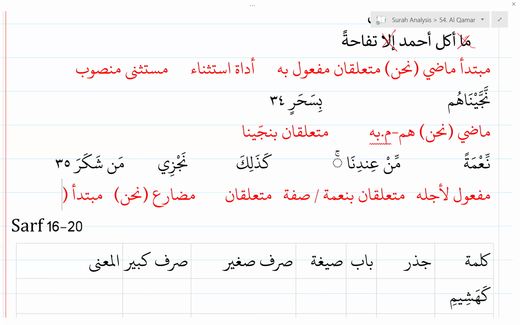So the whole will be maful bihi for najzi then. Najzi, fail and file, and man shakara will be maful bihi for najzi then. Yes. So this whole thing is the maf'ul bihi. Actually, no. What's happening here? Man is isme mausul and shakara is silatul mausul.